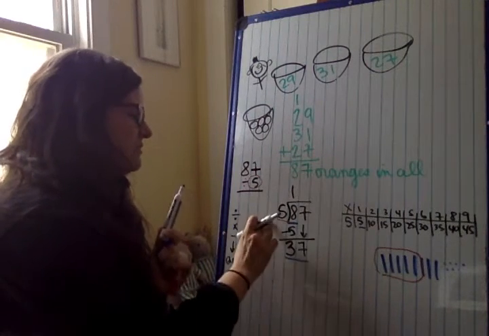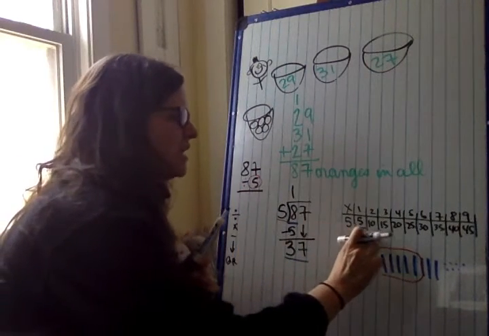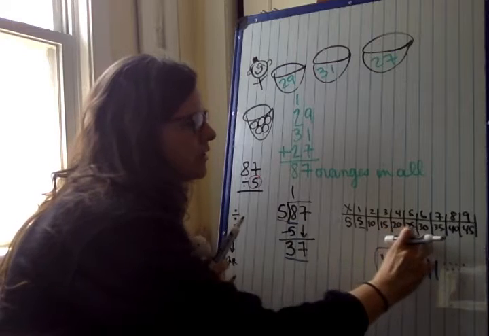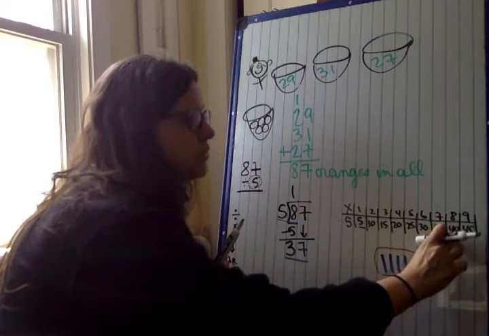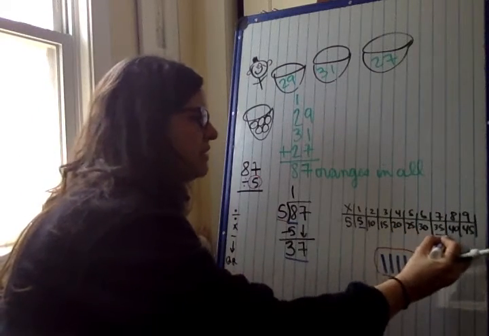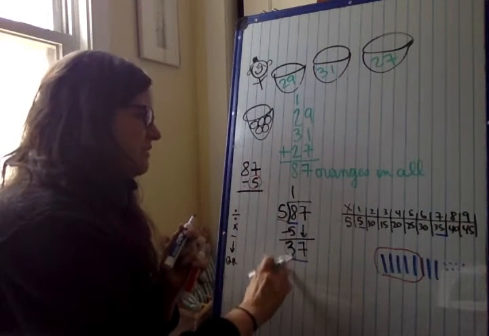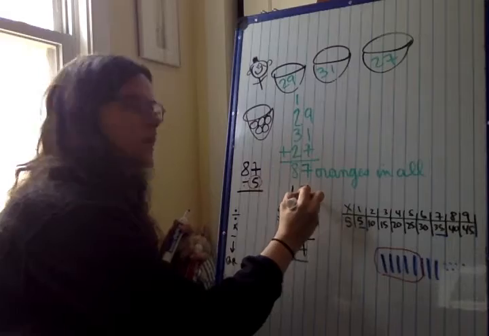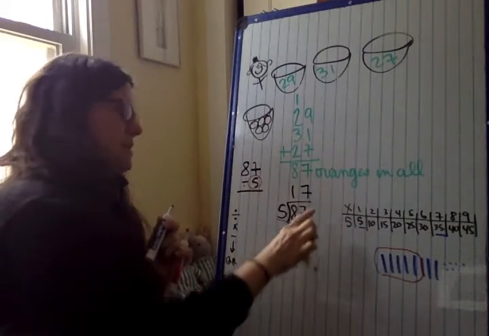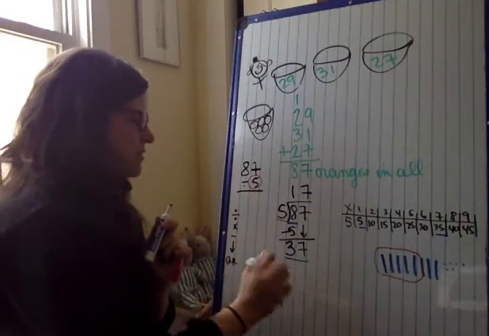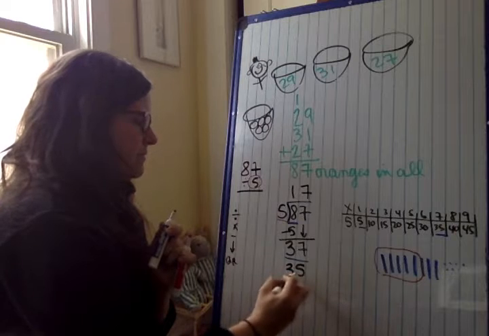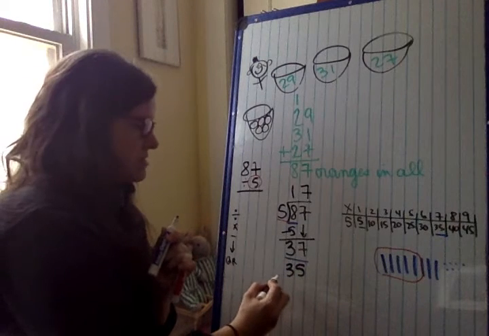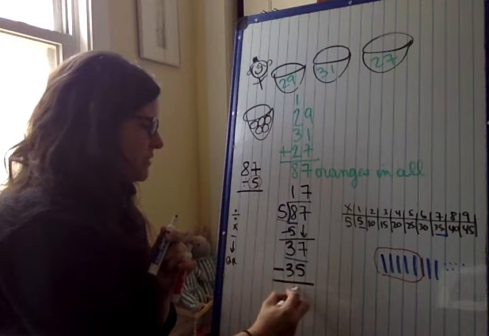So 37 divided by 5. How close can I get without going over? Got 35, that's close. 40 is too much. 35 it is. So 37 divided by 5, the closest I can get is 7. Just divided. Now I multiply. 7 times 5 equals 35. Now I subtract. 37 minus 35 equals 2.